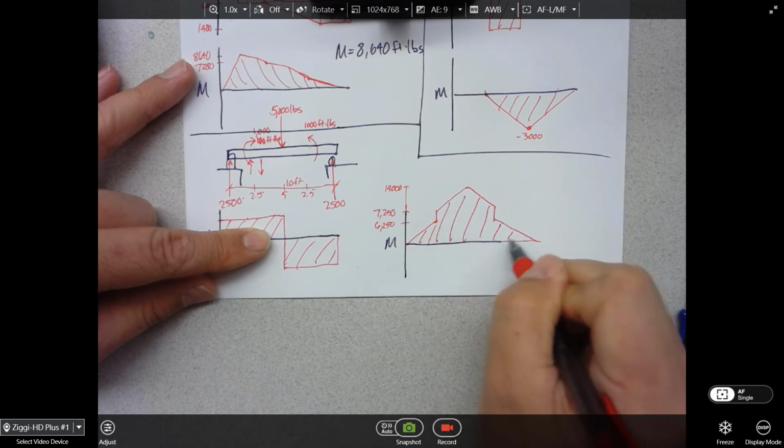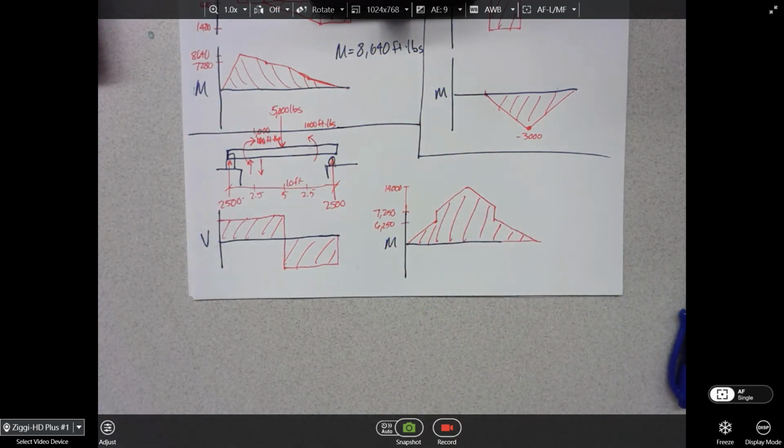And this little spaceship, rocket, is what my moment diagram would look like. Okay? So clockwise moments cause positive jumps in the moment diagram. It's a little counterintuitive since we always say counterclockwise is positive in a moment. This is clockwise. Couple moments cause a positive jump in the moment diagram.